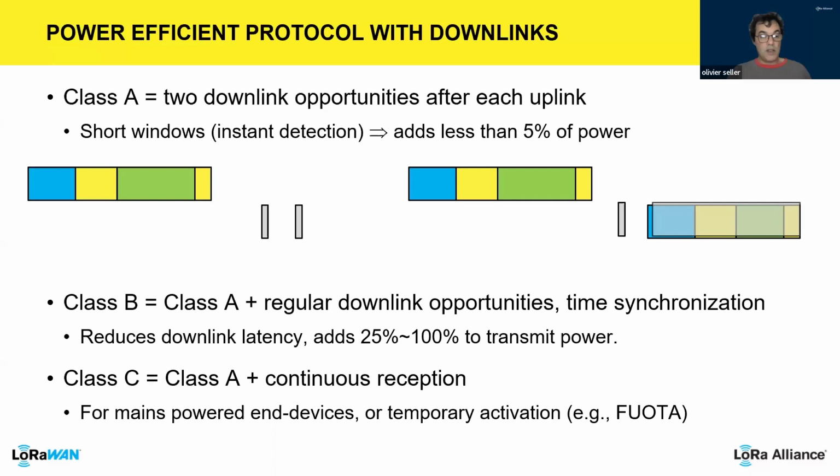So devices can be in a multicast group that will transport the firmware update, and the network will tell them to turn on for 1 hour, half an hour, whatever time is required for the FUOTA packets to be received.